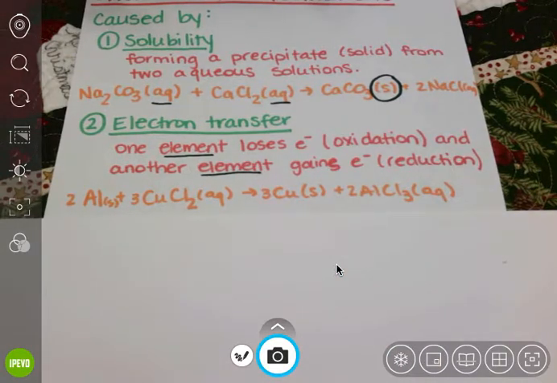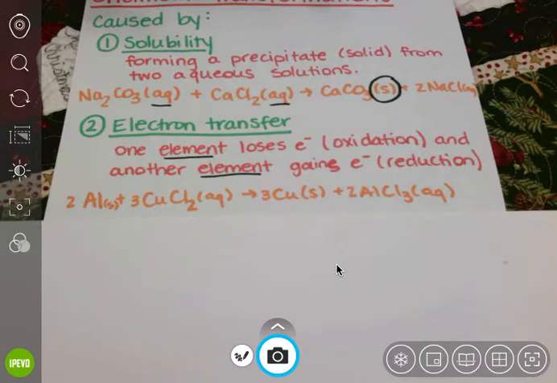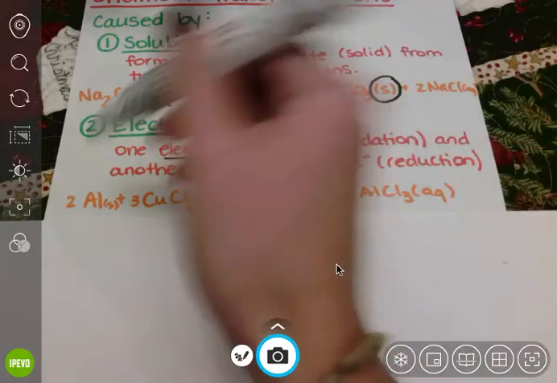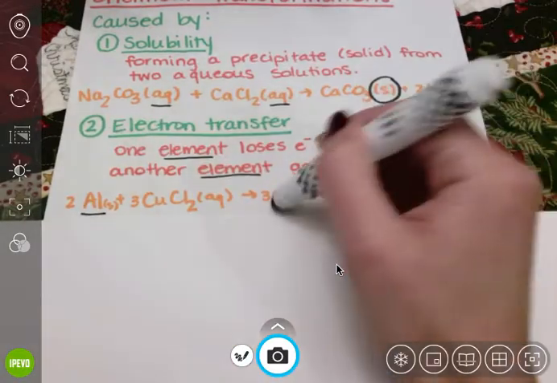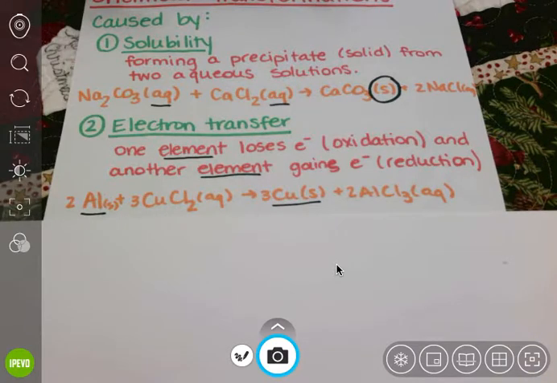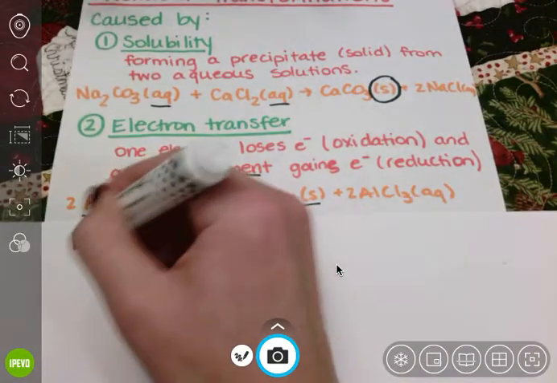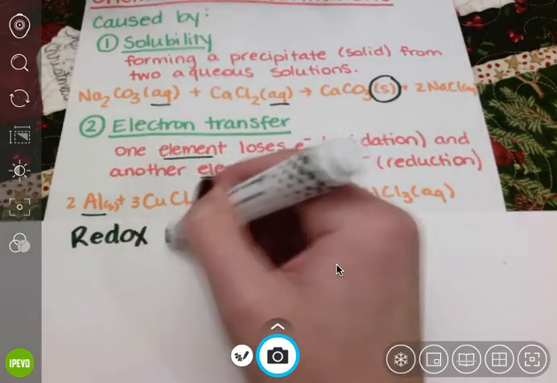There's got to be single elements, because elements in their natural state all have an oxidation number of 0. You'll be able to recognize a redox reaction because you'll only have elements on both sides of the equation, just like a single replacement reaction, right? And so those elements will change their oxidation numbers on one side of the equation to the other side of the equation. Okay? So let's write another net ionic equation for this redox reaction.